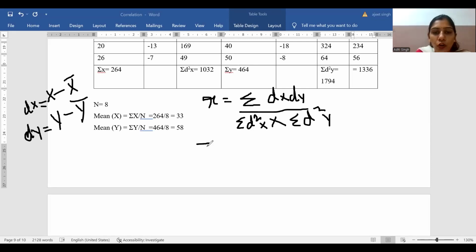So let's put all the values. It's 1336 divided by 1032 and multiplied by 1744.